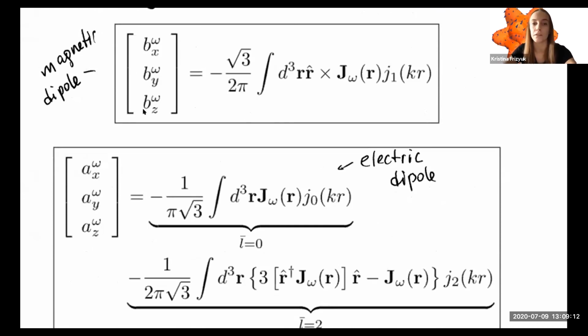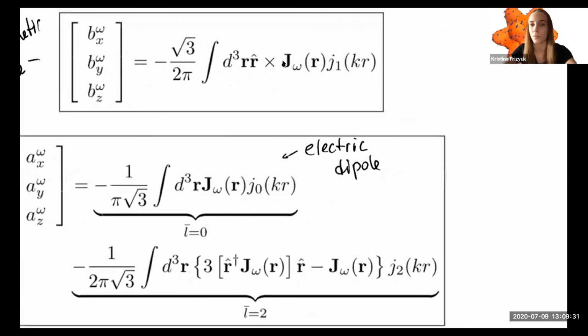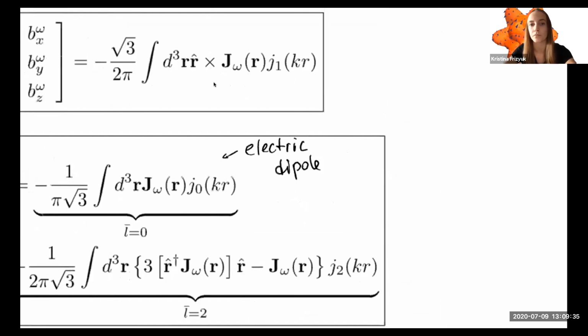In this formula, you don't have any spherical indexes. And if you write this formula in Cartesian coordinates, you obtain immediately these three Cartesian coefficients.